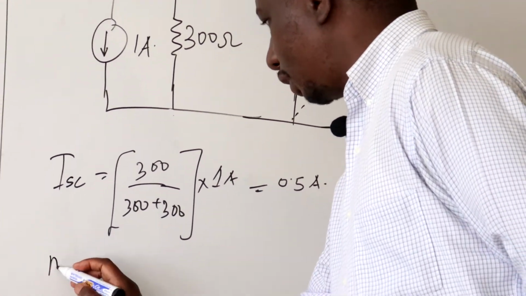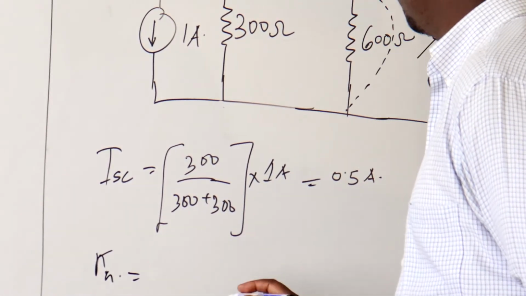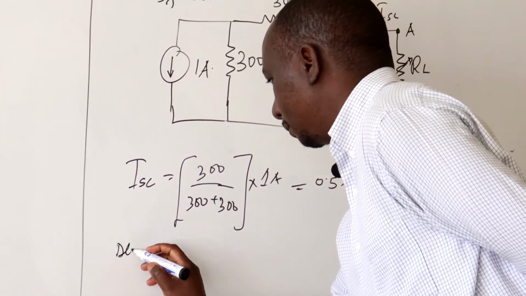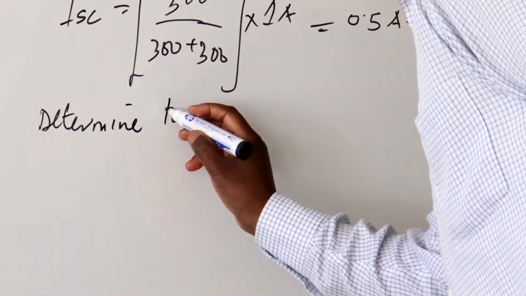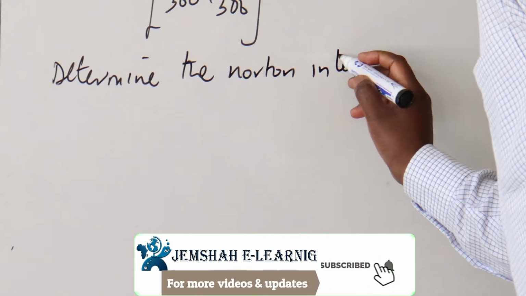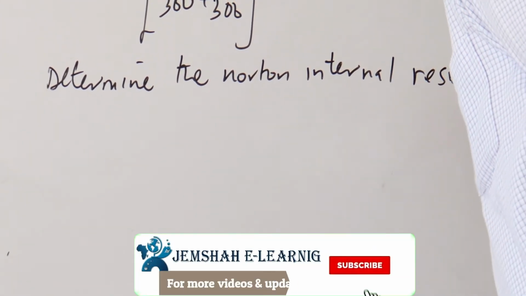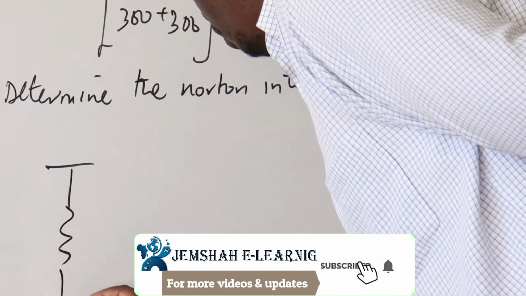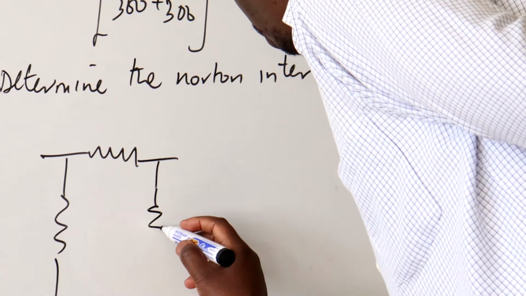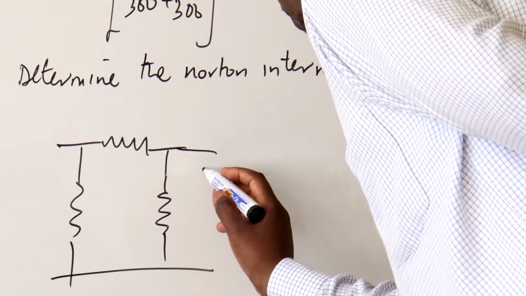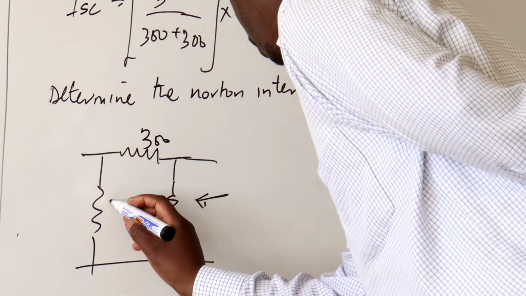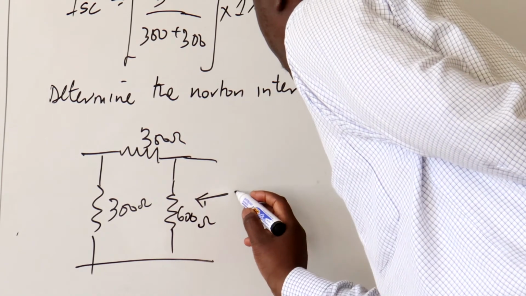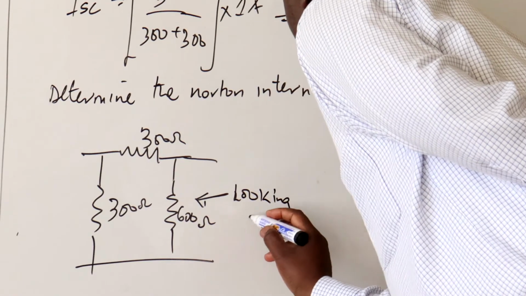So from there, we determine the Norton's internal resistance, R of N. In this case, the circuit is going to appear this way, looking in.